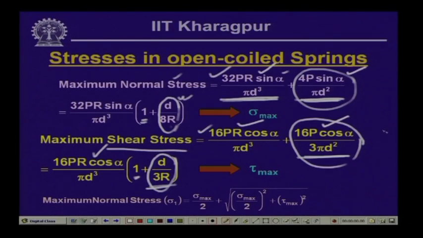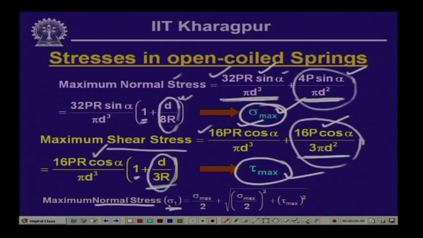So, once we have the maximum value of the sigma, which we have called sigma max, which is the sum of the 2 normal stresses, and the sum of the 2 shear stresses which we have called tau max, considering these sigma max and tau max values, we can compute the maximum normal stress sigma 1, which is equal to sigma max by 2 plus the root of sigma max by 2 whole square plus tau max square. This expression, as we had seen earlier, we can obtain from the transformation equations or we can evaluate from the Mohr's circle.